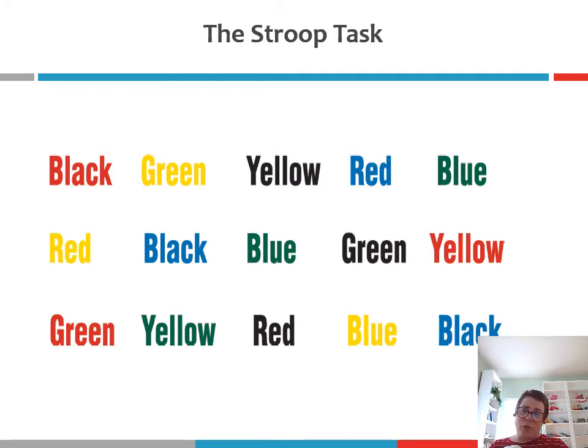So essentially what's happening here is, again, we have to rely on our central executive to help us ignore the color that's denoted by the word and instead focus on the color of the ink, right?